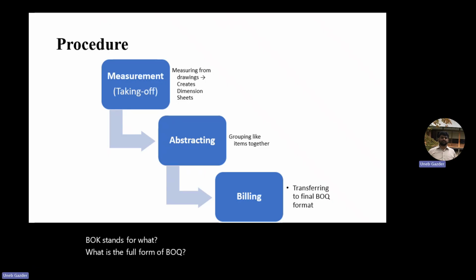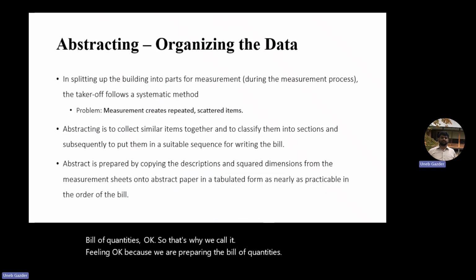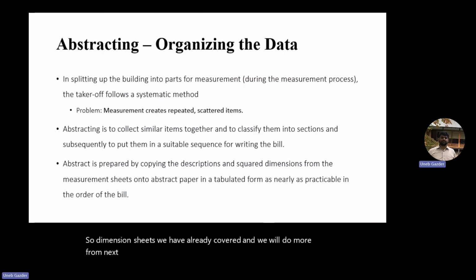Bill of quantities. So that's why we call it billing, because we are preparing the bill of quantities. Dimension sheets we have already covered, and we will do more from next week onwards. But now, we will talk about abstracting.